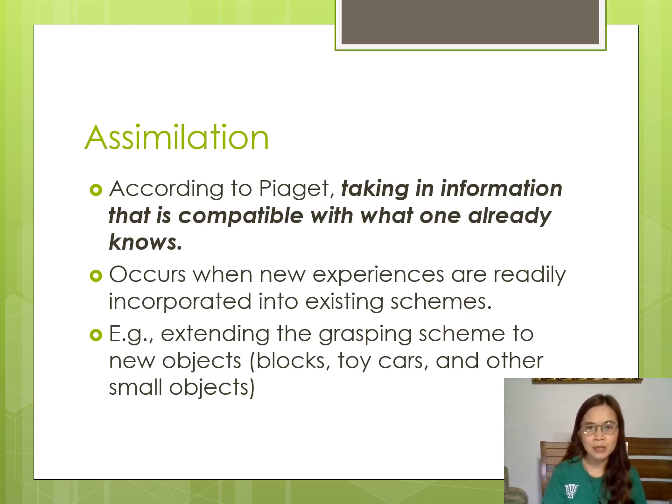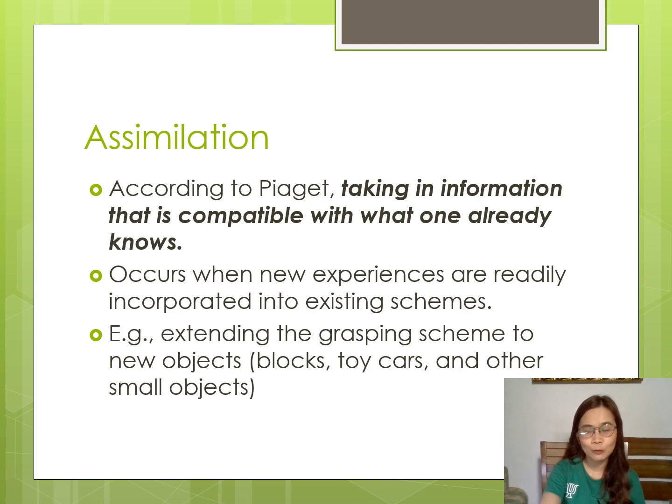Ina-assimilate pa rin natin yung kung ano yung alam na natin. Pero ina-accommodate din natin yung bagong mga function niya like pwede kang mag-picture, mag-record ng voice, and mag-search sa internet. So, ganun daw yung process ng ating construction of knowledge and information, assimilation and accommodation.